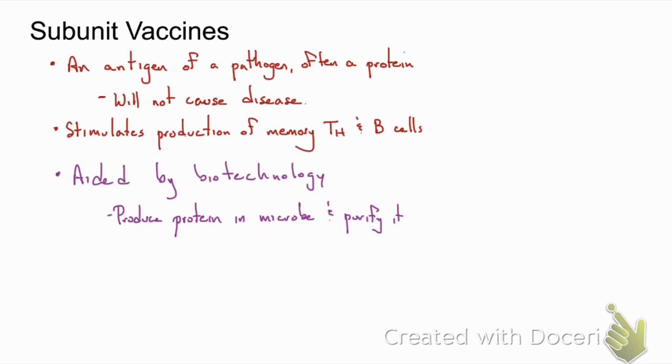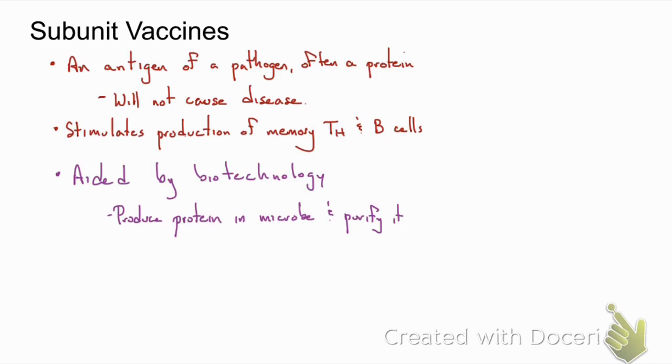The Gardasil vaccine, or the HPV vaccines that exist right now, are ones that are subunit vaccines. In particular, those vaccines rely on the use of the protein that makes up the viral capsid to generate what we call viral-like particles.